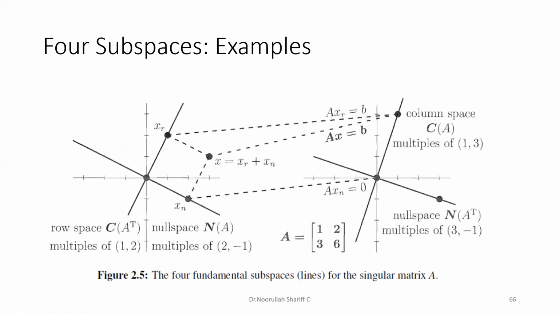This figure specifies, for the example we have written, the lines going through these subspaces. This is one line, this is one line, this is one line, and this is one line over here.